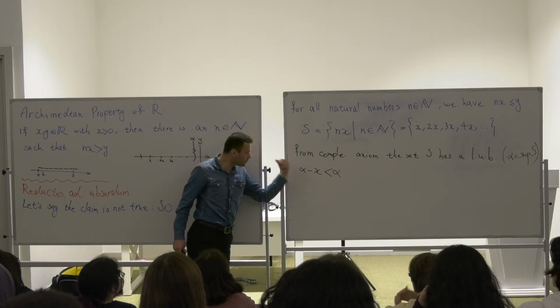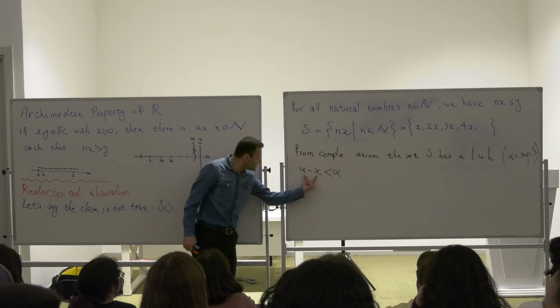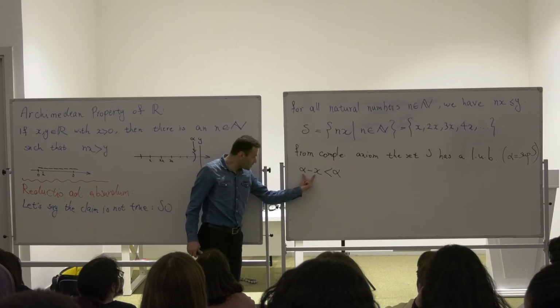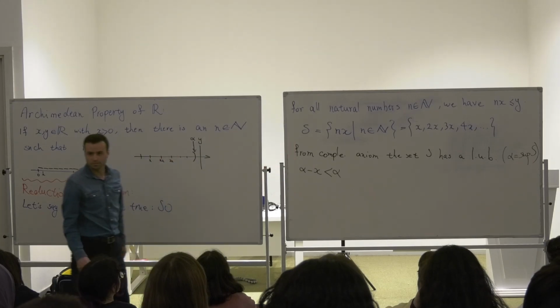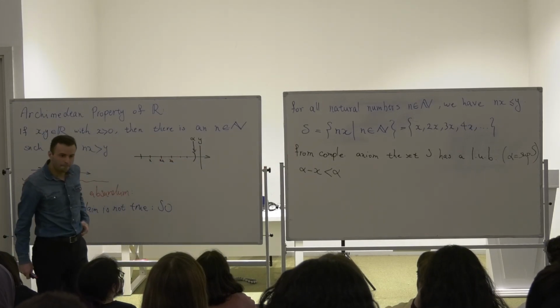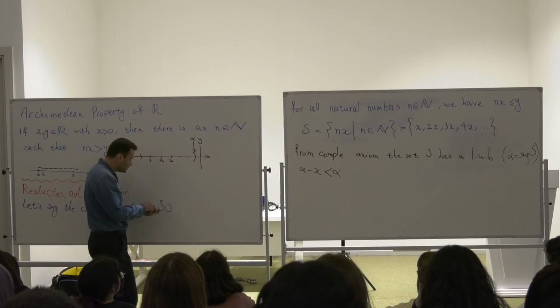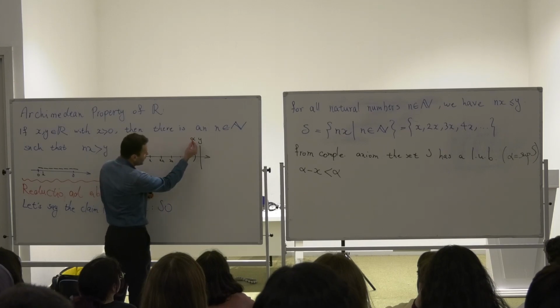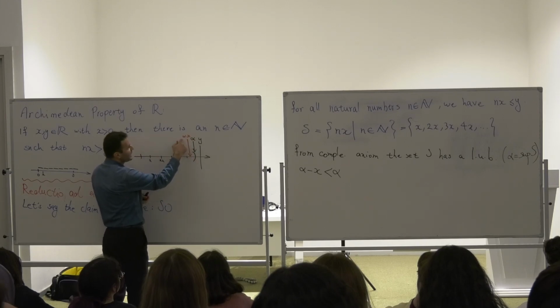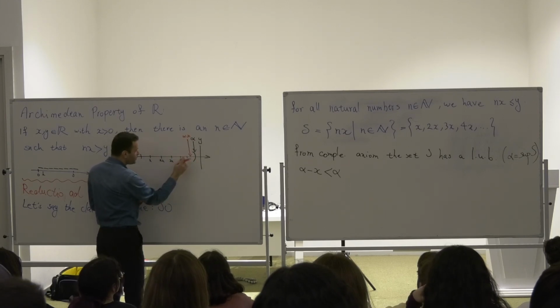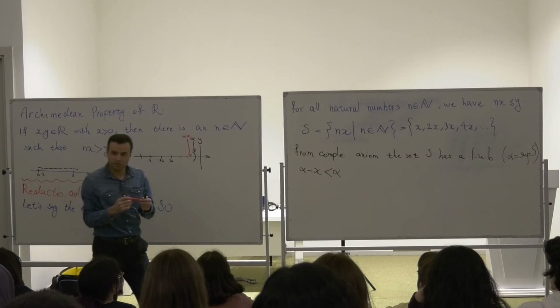Is this true, right? Now, can this be an upper bound? Can this be an upper bound for our set S? Which means that if we take this alpha and come a little bit to the left of it, which means that if we come here, okay, alpha minus x, can this alpha minus x be an upper bound for this set S?